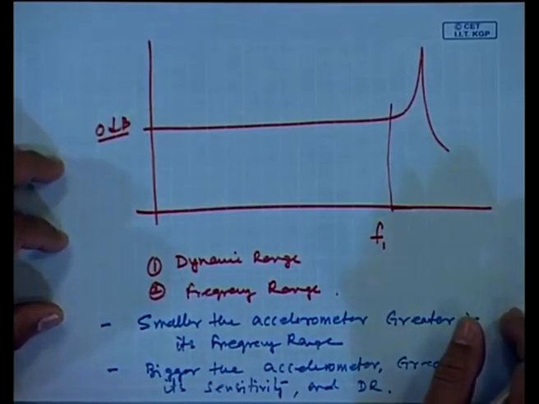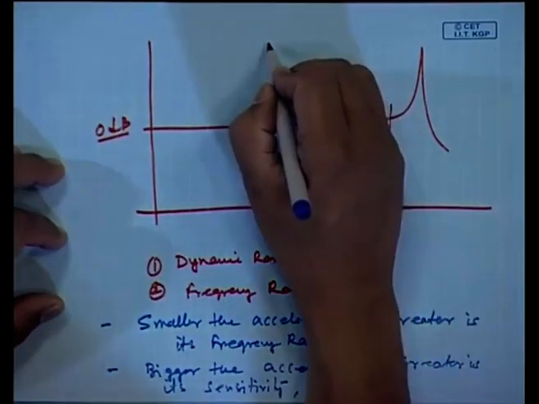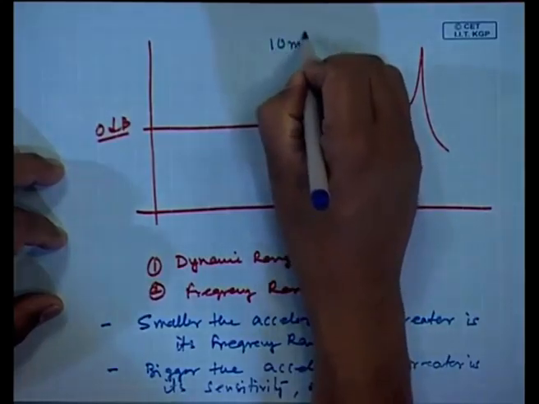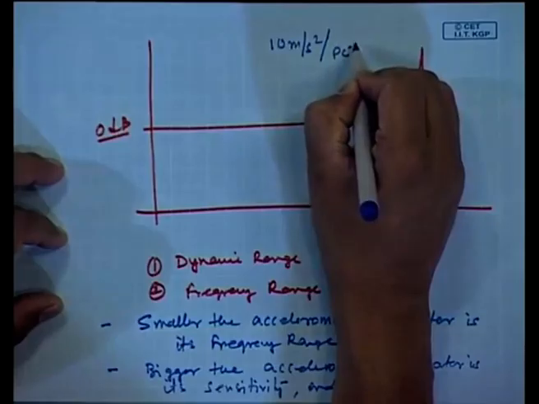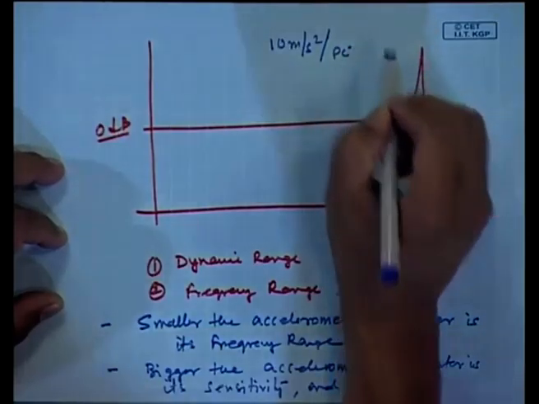Typically, the sensitivity of these accelerometers are maybe 10 meters per second square per picocoulomb. Okay.